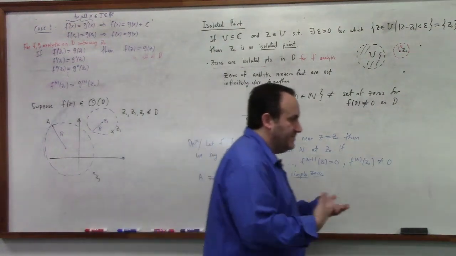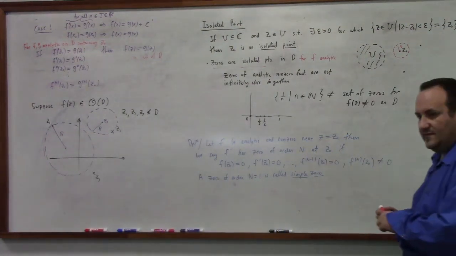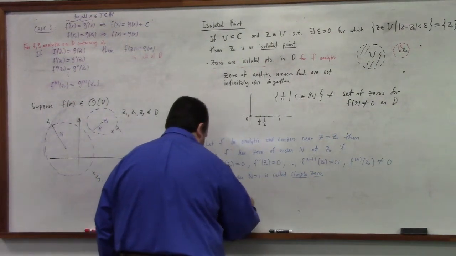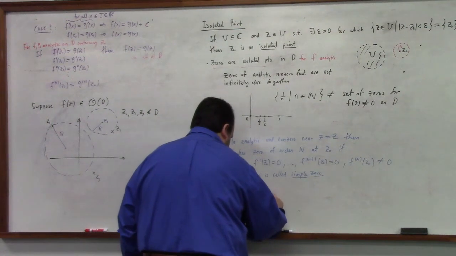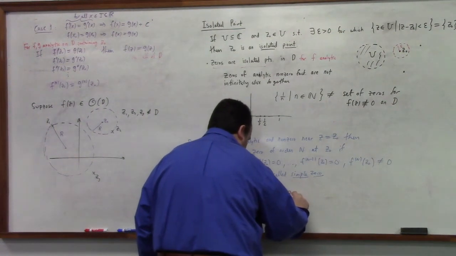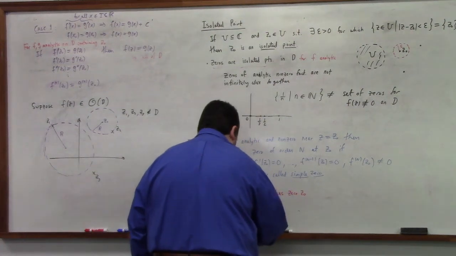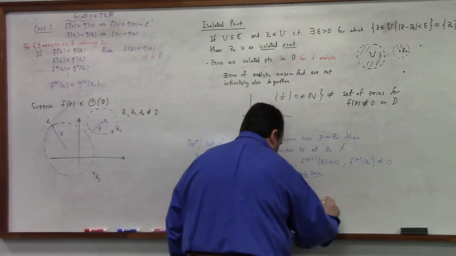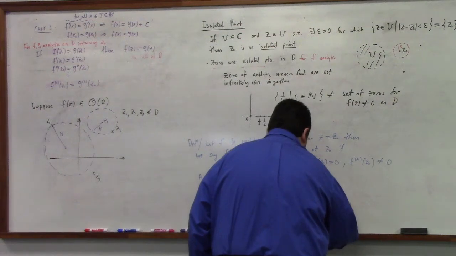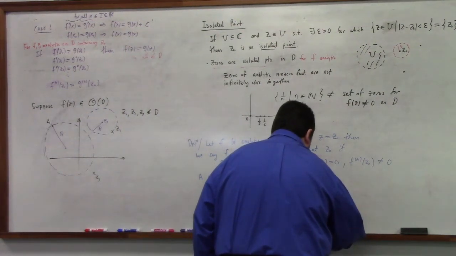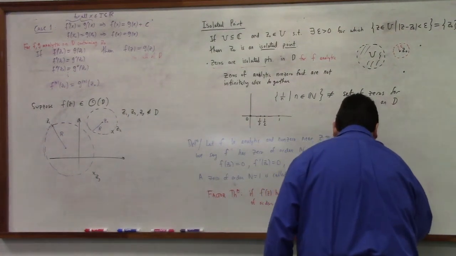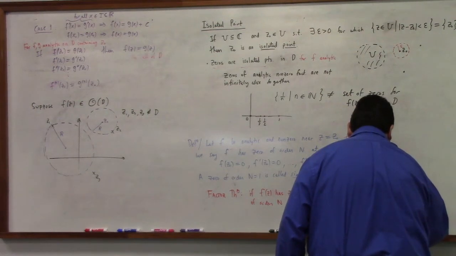So the factor theorem for analytic functions says this: if f of z has a zero at z naught of order n, then f of z is equal to (z minus z naught) to the n times g of z, where g of z naught is not equal to 0.